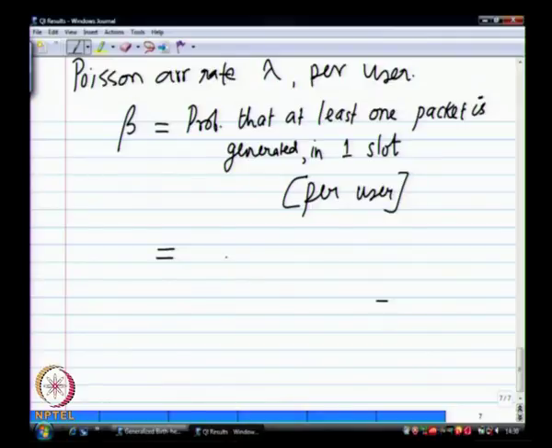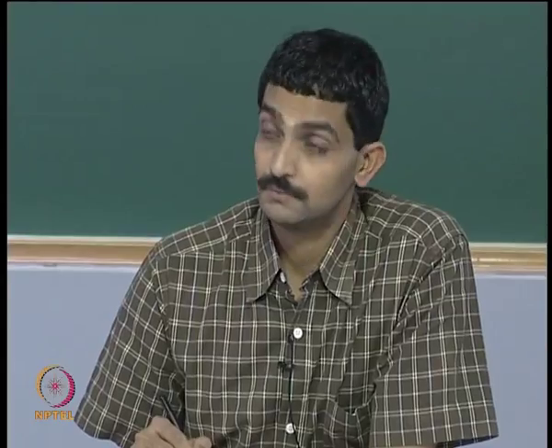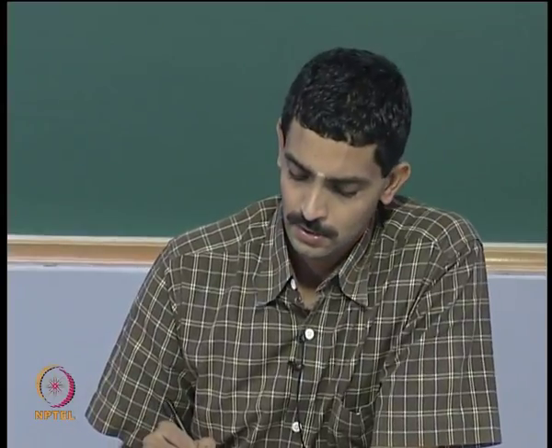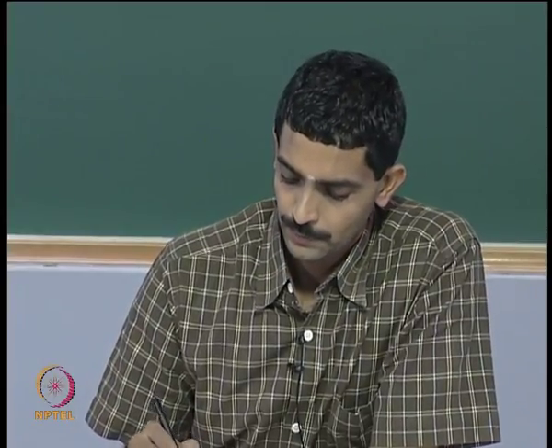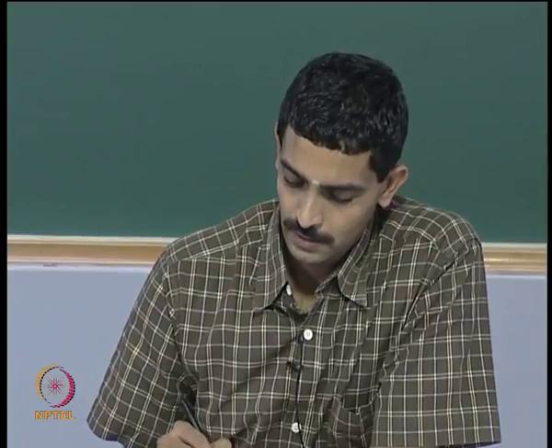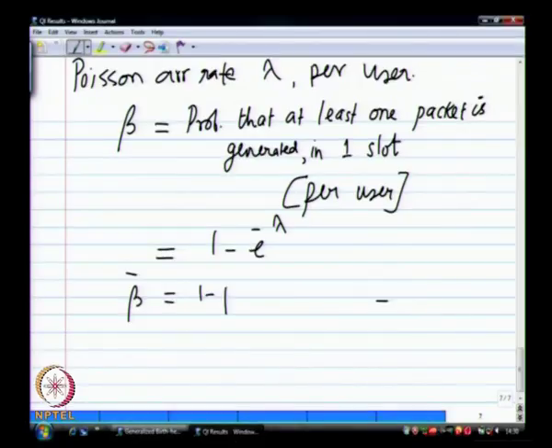The probability of no packet getting generated in Poisson is e power minus lambda, because lambda and t equals 1 here. So beta bar is e power minus lambda, and beta is simply 1 minus beta bar. I could have simply called it e power minus lambda, but anyway.